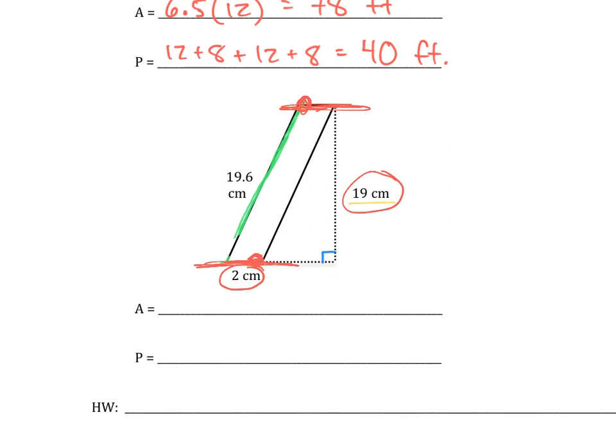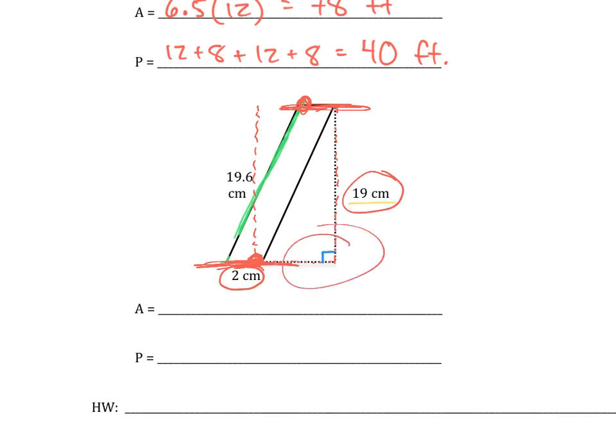Now, the problem is if I just try to have a perpendicular line that connects the two, I can't do that because this base is not big enough. But if I extend the base with an imaginary line and then create a perpendicular line that goes to the opposite of the base, then I get my perpendicular line.